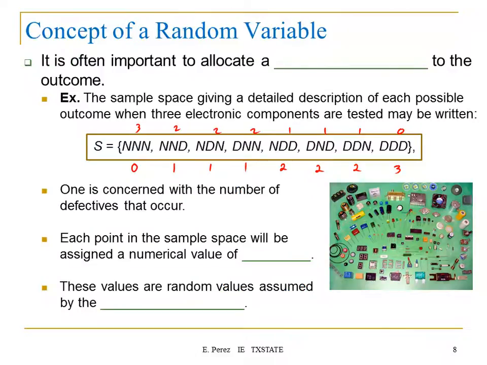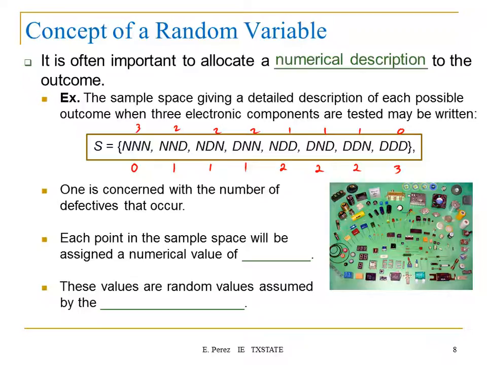Okay, so it is often important to allocate a numerical description to the outcome. We know how to collect or describe a sample, how to describe an event, but usually what you need is a number or classification for that specific outcome of your sample space. For instance, take the sample space giving a detailed description of each possible outcome when 3 electronic components are tested.